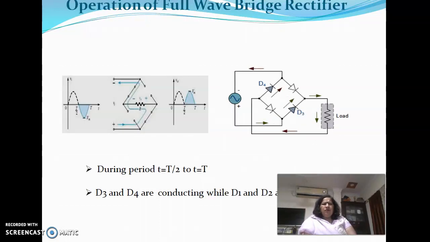Similarly, during the negative half cycle, we find that the diodes D3 and D4 are forward biased, and the diodes D1 and D2 are reverse biased. So current conduction will take place in this fashion during the negative half cycle, through this diode, through the load resistance, and then through diode D4 back to the other end of the supply, that is the negative end.